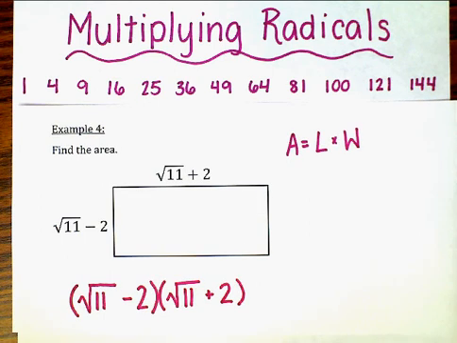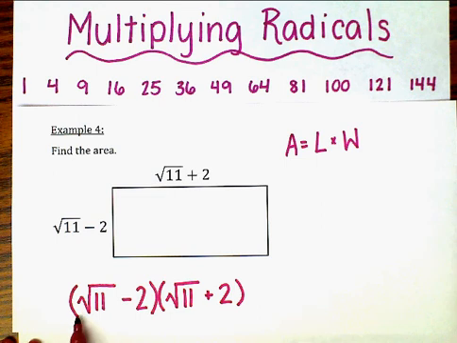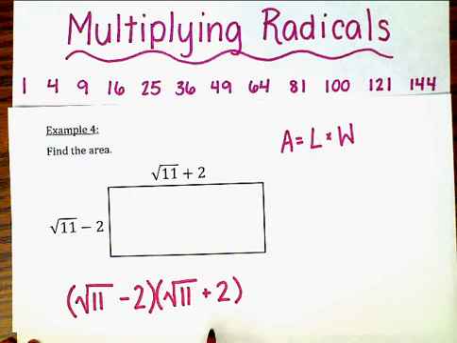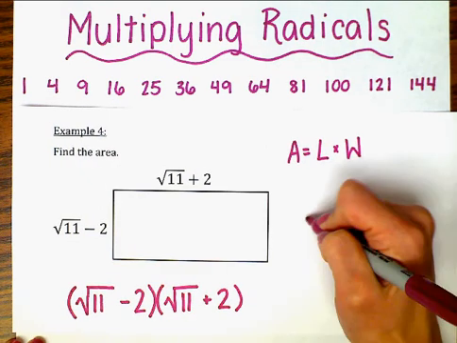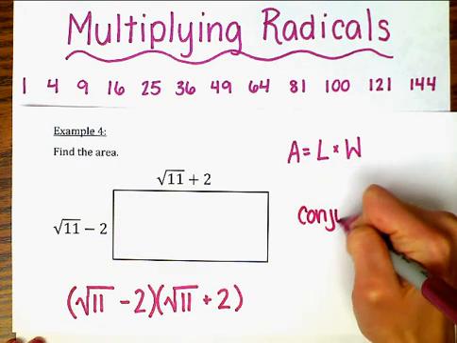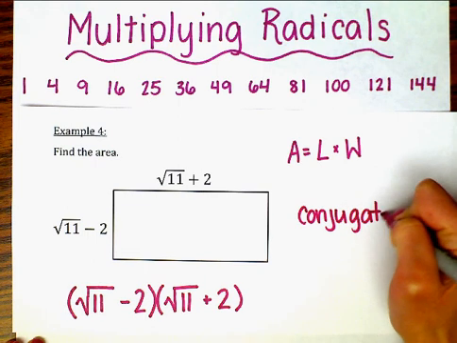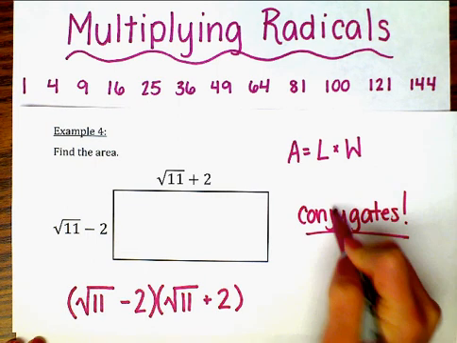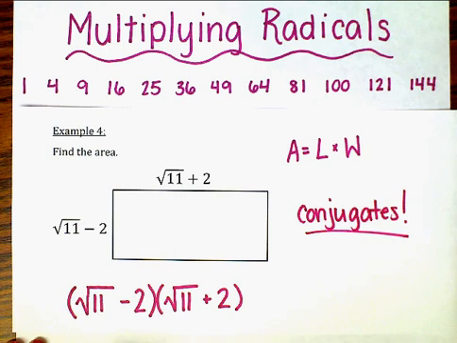Now, what is special about these terms? If you remember from example 3, radical 11 minus 2 and radical 11 plus 2 are, what's our word? Conjugates. These two are conjugates, and what does that mean? That means that our answer is not going to have a radical in it. So let's try it and test that theory.